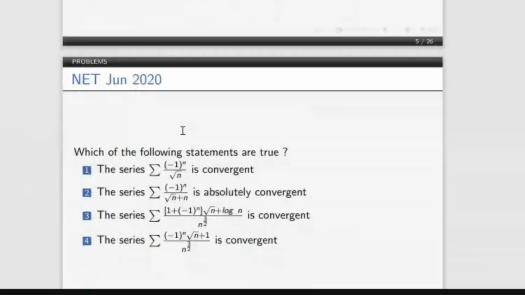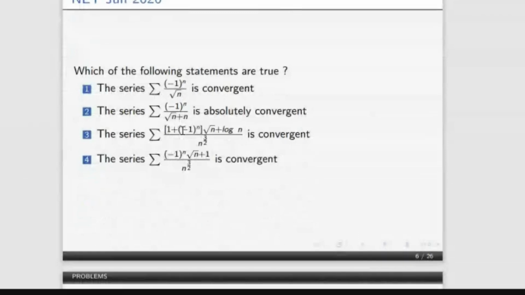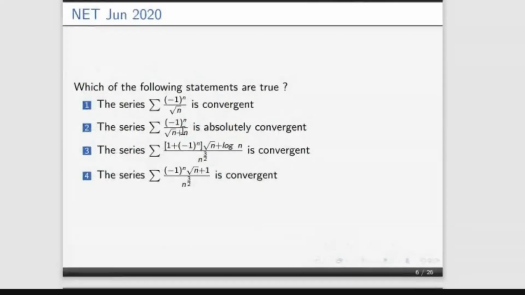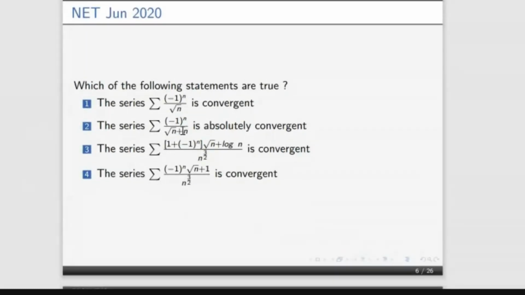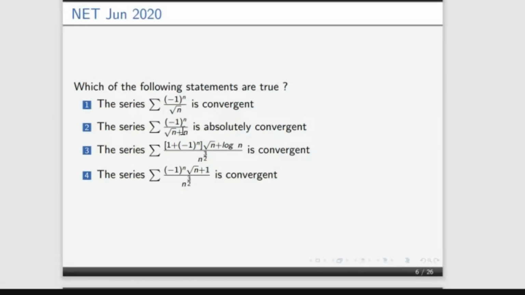So we'll go to the next question. This is regarding convergence, absolute convergence, etc. We are given 4 series. 3 of them are asking for convergence and 1 is asking for absolute convergence.